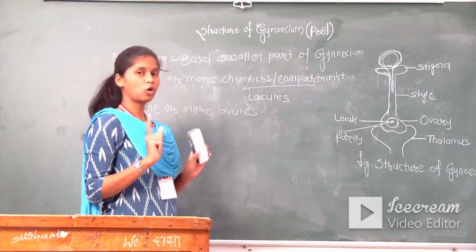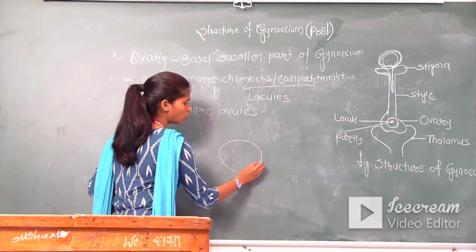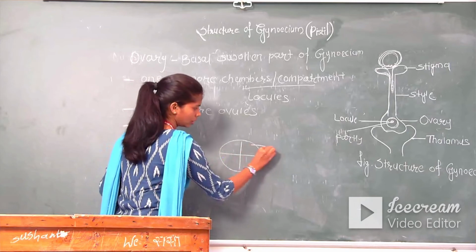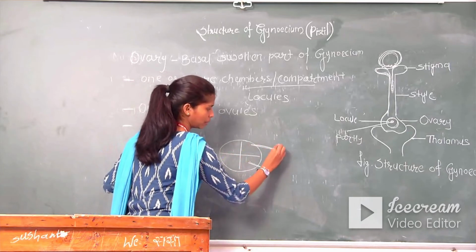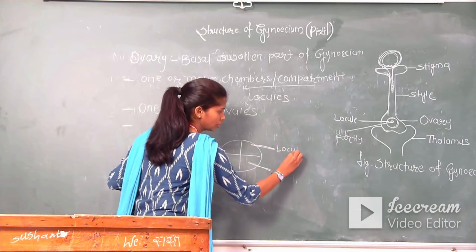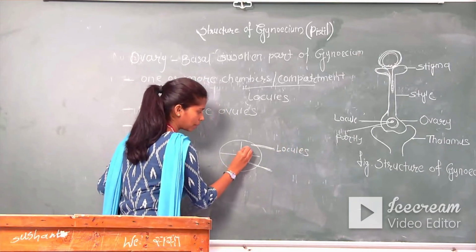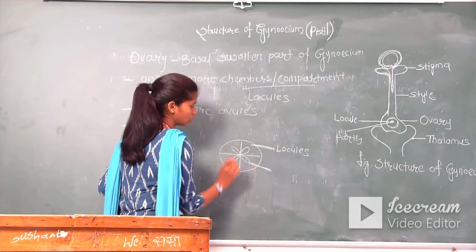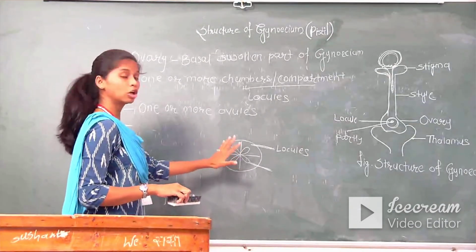See, if this is the structure of ovary, this is the locule, or you can say compartment or chamber. So these are the locules. Inside these locules, ovules are present. Suppose these are the ovules. So one or more ovules are present in such locules.